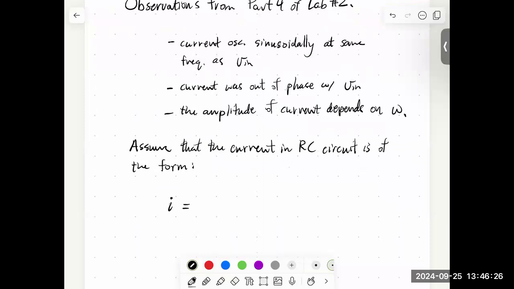Typically, I'll try to use lowercase letters for AC signals, something that oscillates sinusoidally, and uppercase characters for quantities that are driven by DC voltages. So we're going to have an amplitude, which I'm going to call I naught. And that amplitude is going to depend on the frequency, so I naught is a function of the angular frequency omega.